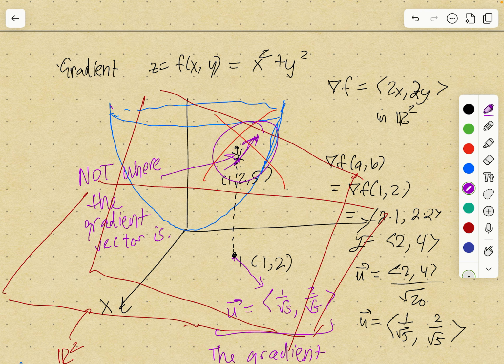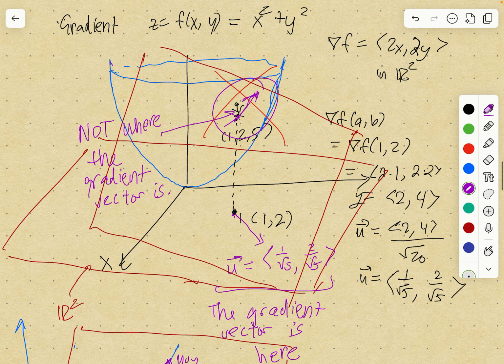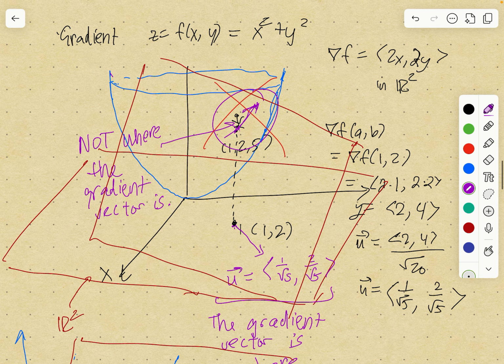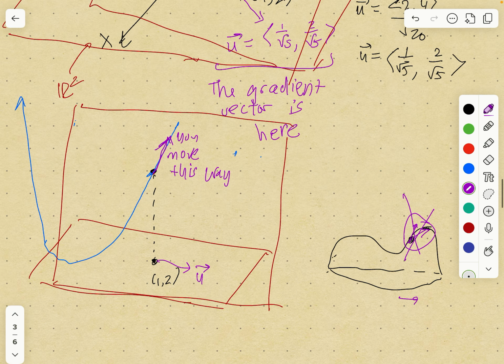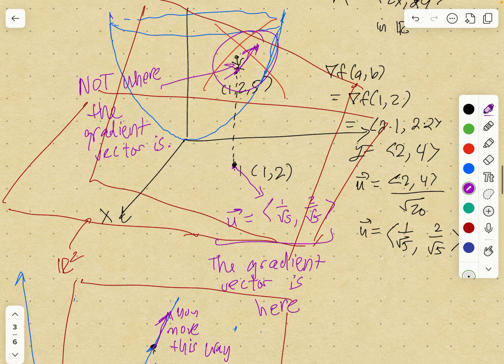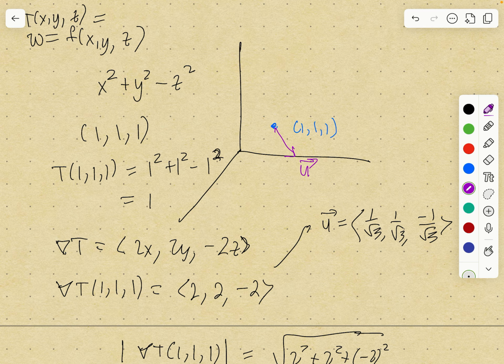And that's why it's confusing. Another reason it's confusing is that sometimes the gradient really is a vector in R3. So let's say you're taking a multivariable calculus class and your professor is explaining the gradient. Don't mix up the scenario of a function of 2 independent variables with the case of a function of 3 independent variables. These are different scenarios.